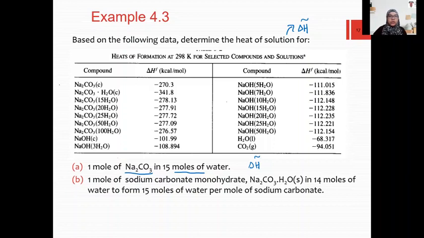The solute in solvent is sodium carbonate in 50 mole of water. The next is to produce 1 mole of sodium carbonate monohydrate in 15 mole of water, to form 15 mole of water per mole of sodium carbonate.